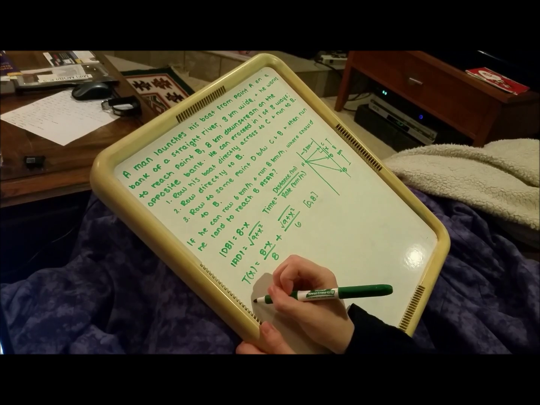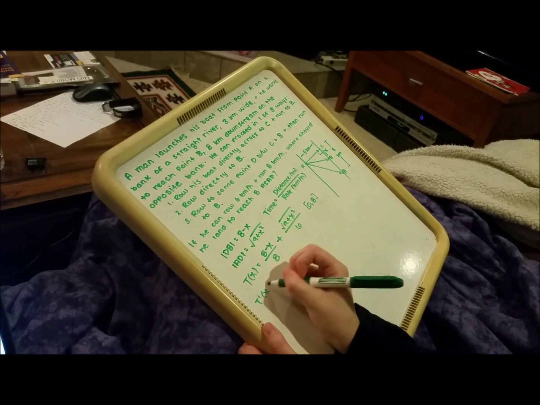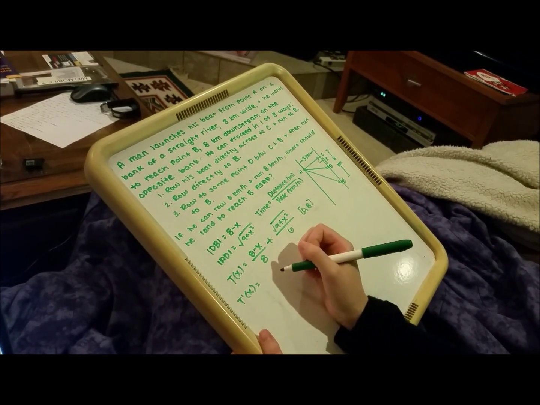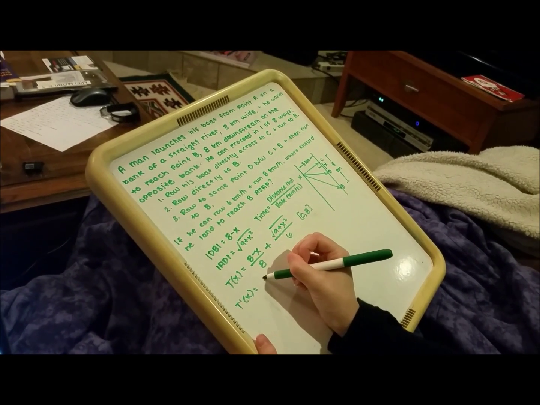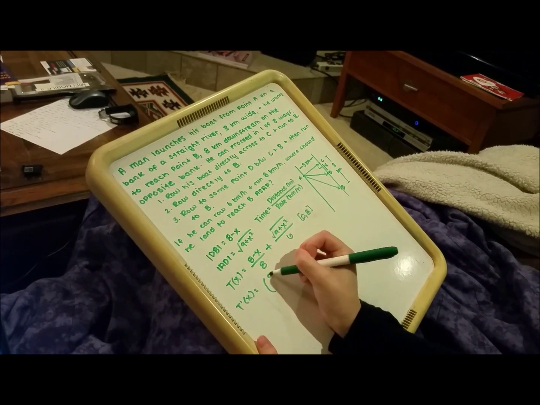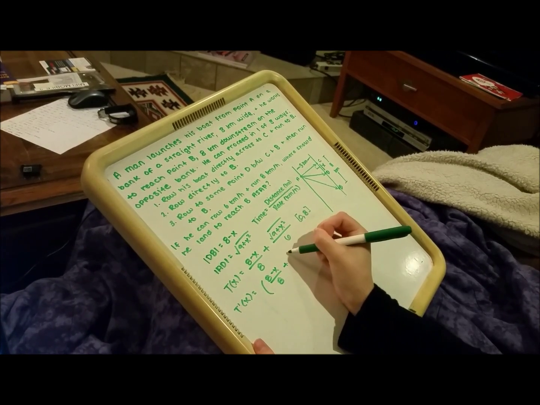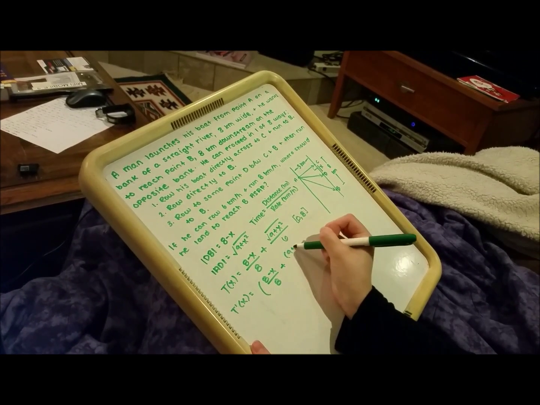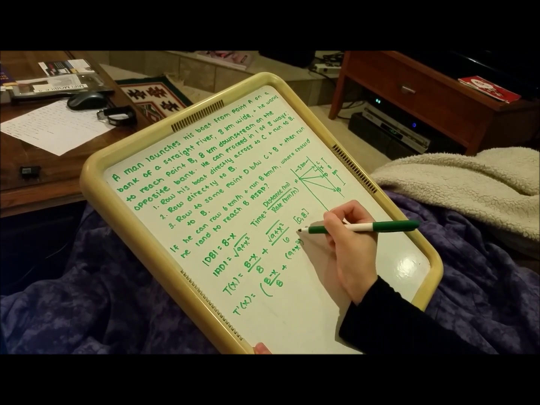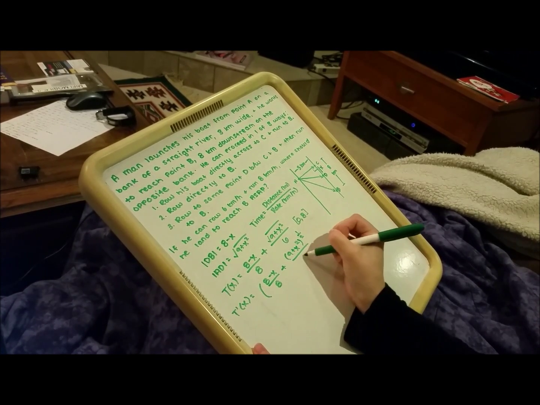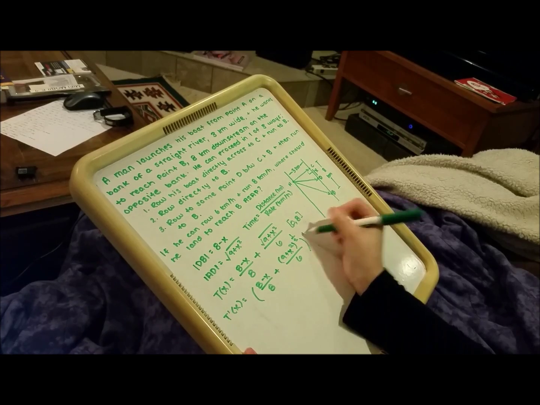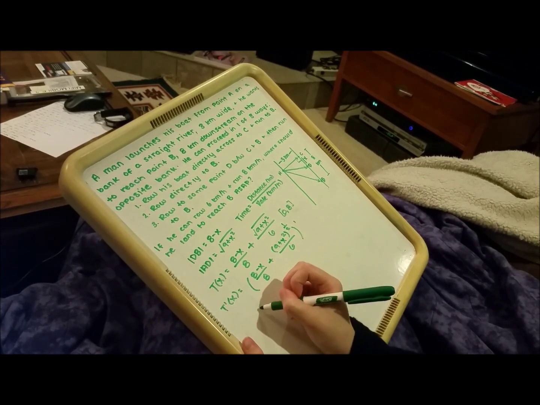So now we need to find the derivative of t. Which is going to be (8 minus x) over 8. We'll change this to (9 plus x squared) to the 1/2. We want the derivative of that.